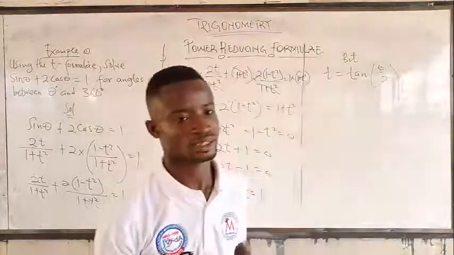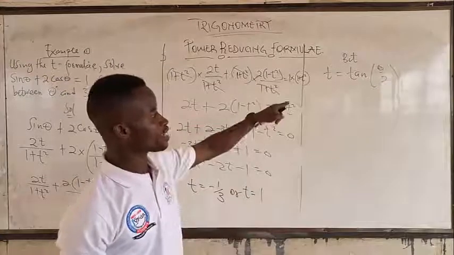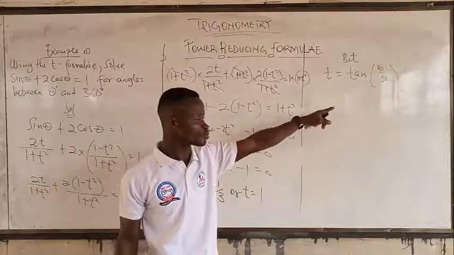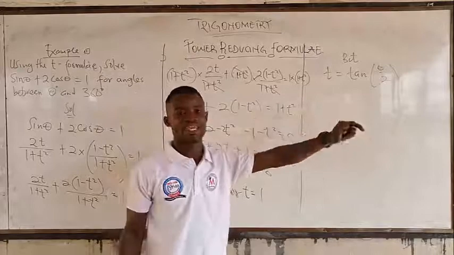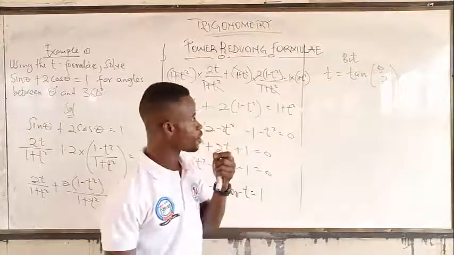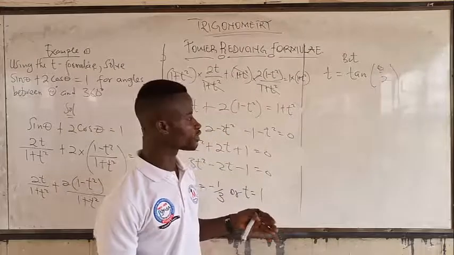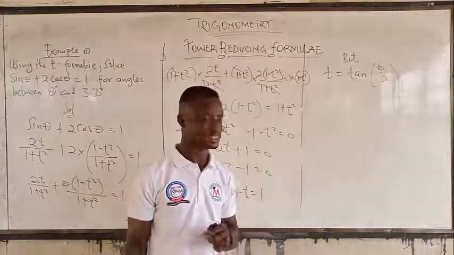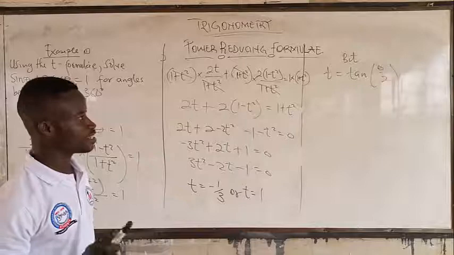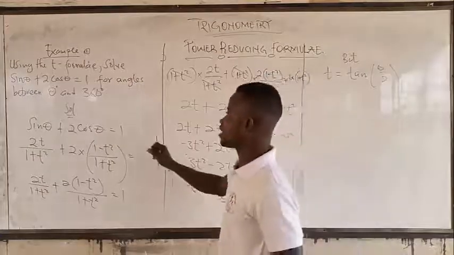Since we know that t is equal to tan theta over 2, if theta is between 0 degrees and 360 degrees, then theta over 2 will be between 0 degrees and 180 degrees. Don't forget, please, that here we are dealing with what? Half angle.